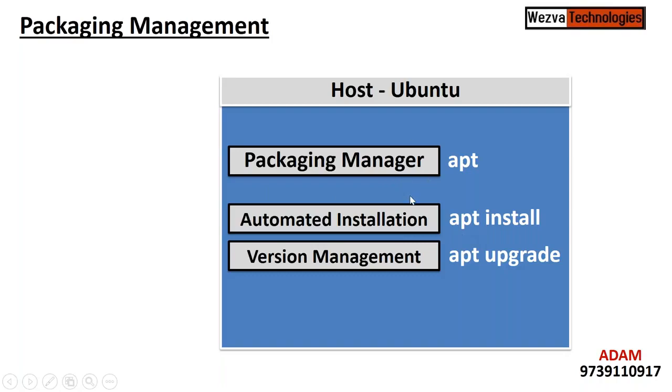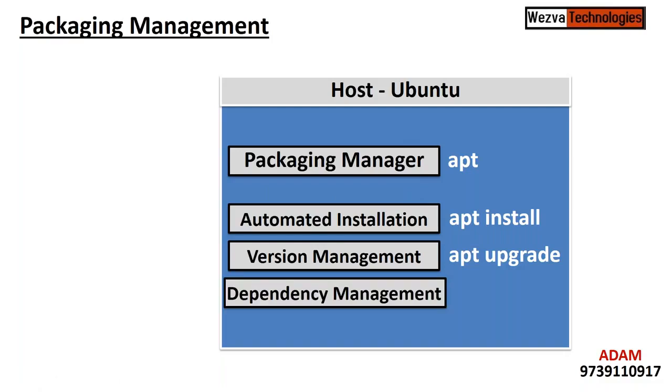Okay. Now again, you're going to do all these things with the help of a packaging manager specific to the OS. Now, when we talk about installing a software, there might be many dependencies, right? Now, ideally, if you go back to Jenkins, for Jenkins, you need to have JDK available. The same way, if you say you want Ansible, for Ansible, Python is needed. But if you go back and remember, or if you have seen any installation like this, the dependency is also taken care of by the packaging manager, right?